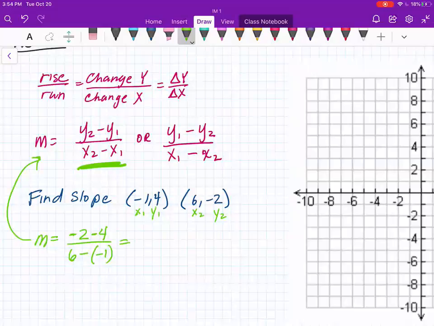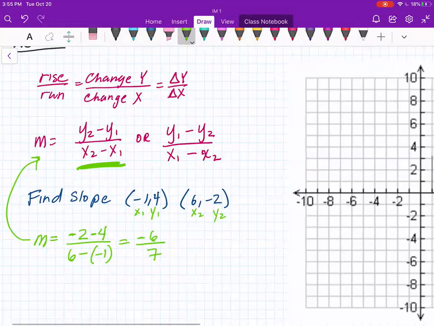Then I do my mathematics. -2 minus 4 is -6, and 6 minus a -1 is 7. So that is my slope. It is negative. So that means I'm either going to go up and to the left or down and to the right. One is negative, one is positive on each of these.